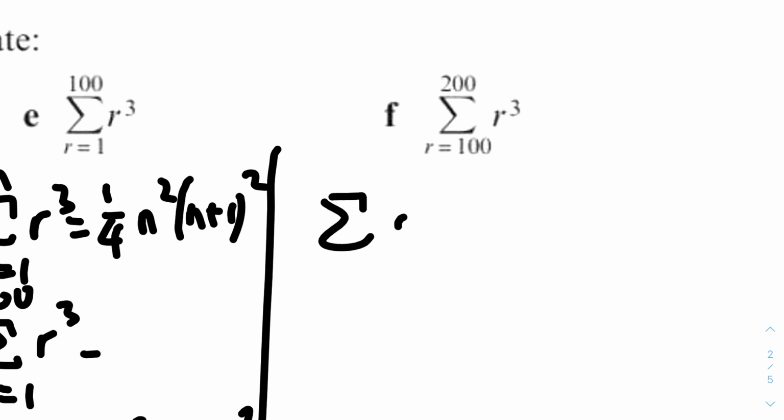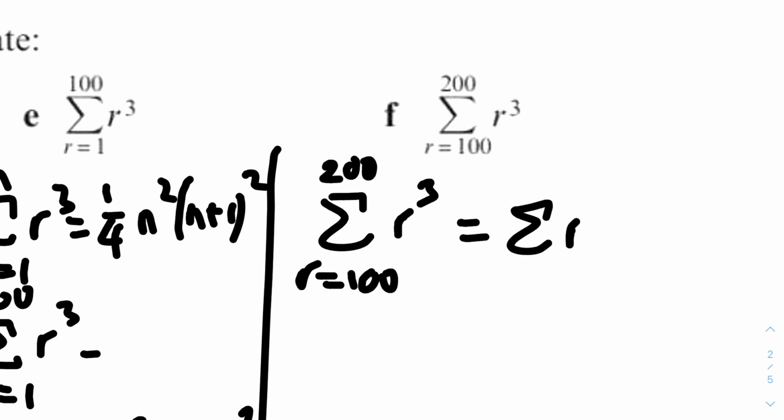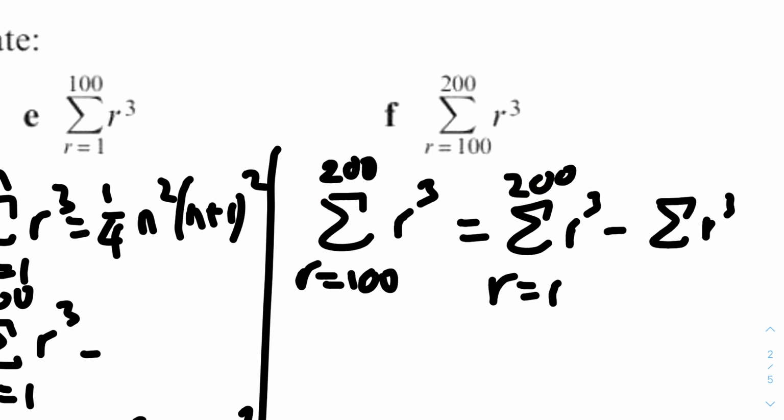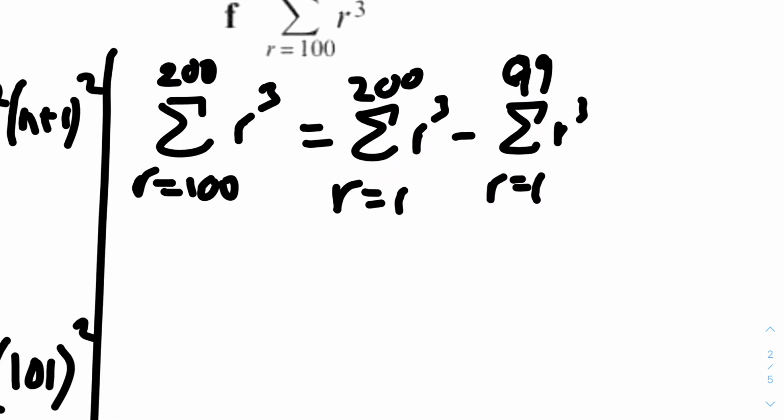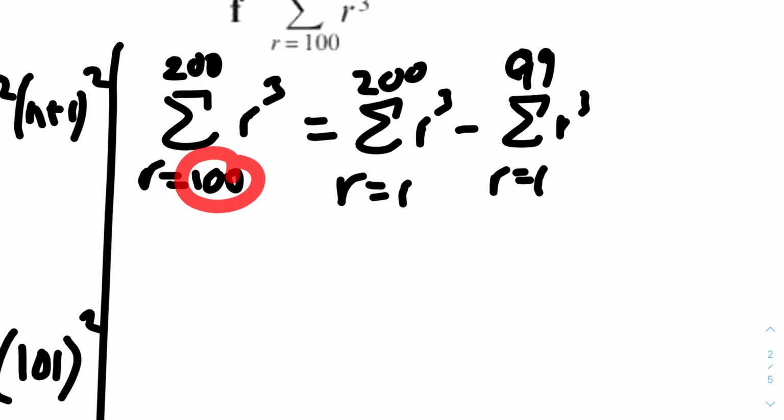So the sum of r cubed from r equals 100 to 200 is equal to the sum of r cubed from r equals 1 to 200, because it's always the same as the first upper limit, minus the sum of r cubed from r equals 1 to 99. Because the upper limit for the second sum is basically the lower limit of the original sum minus 1. So 100 minus 1 is 99.